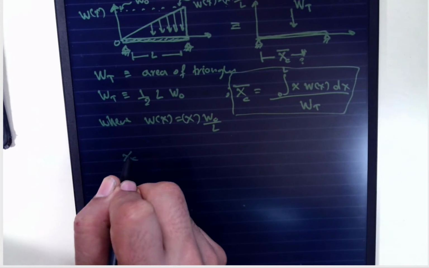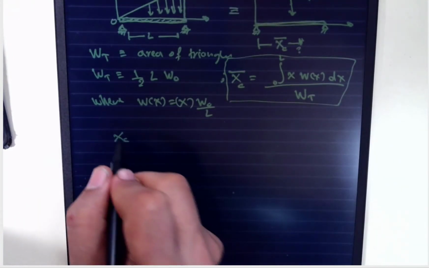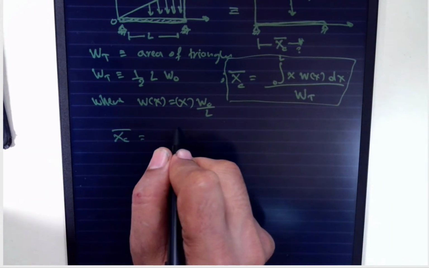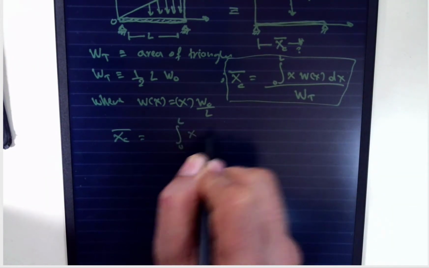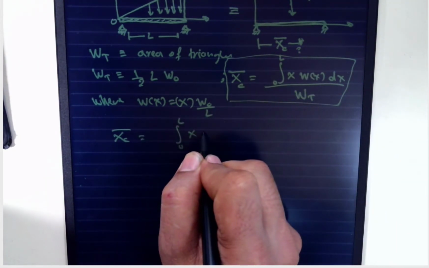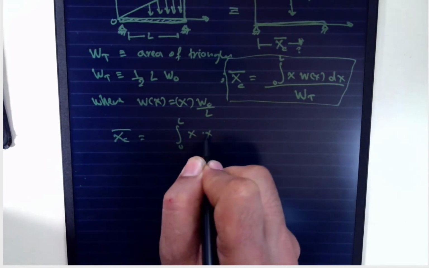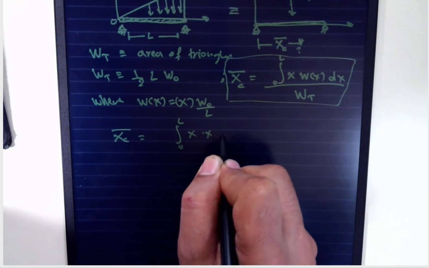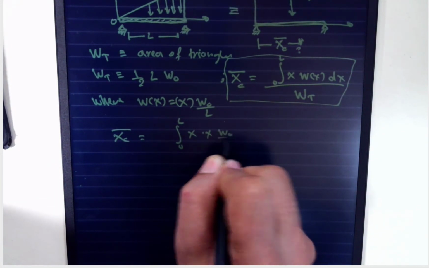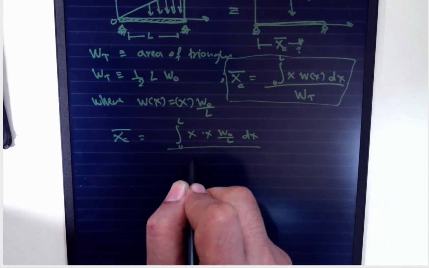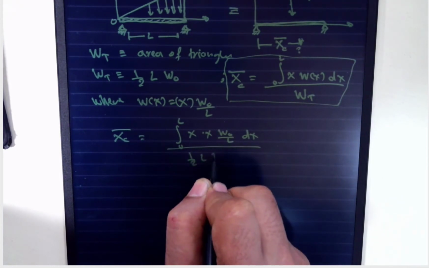So x prime, the location, is simply, I'm just going to plug in 0 to L, x w(x), that multiplied by x. This is not a dot product, this is just simple multiplication, multiplied by W naught over L dx. All of that is over half L W naught.